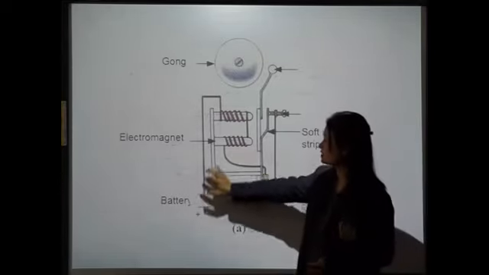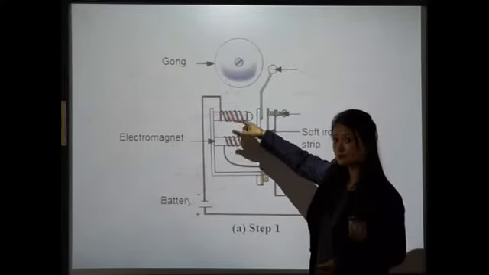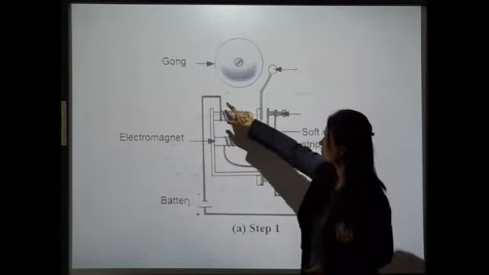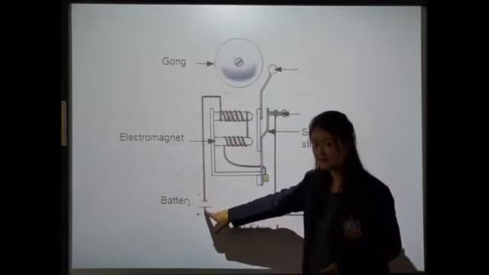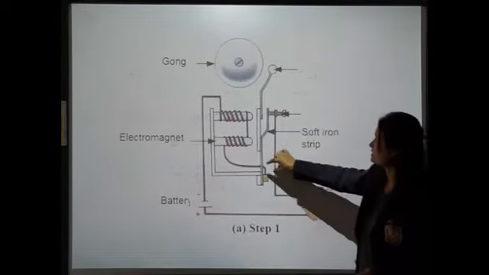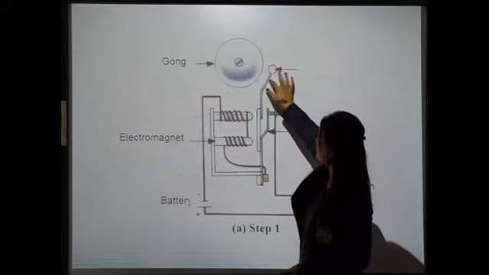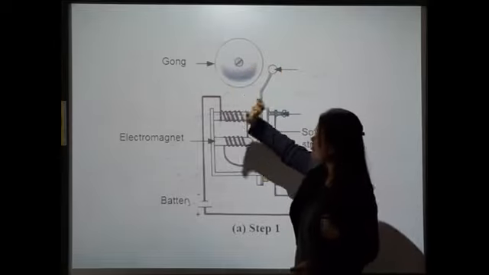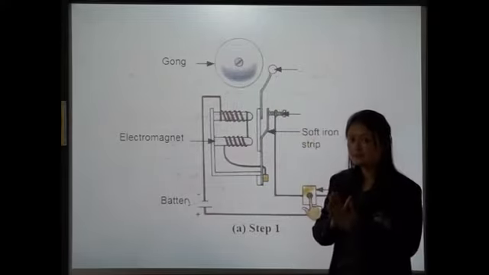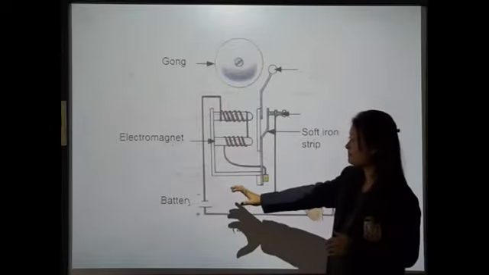You have the battery, you have two iron bars which are wound by the copper wire, which is connected to the battery, and the battery is connected to the switch. And there is an iron strip over here, and this is a hammer and there is a gong. Now the gong and the hammer are used for ringing the bell, and the entire concept is of the electromagnet.